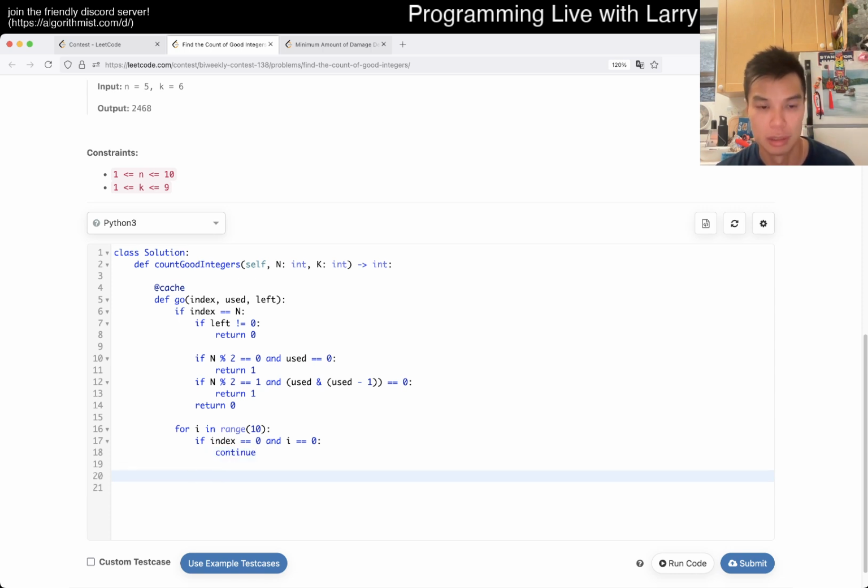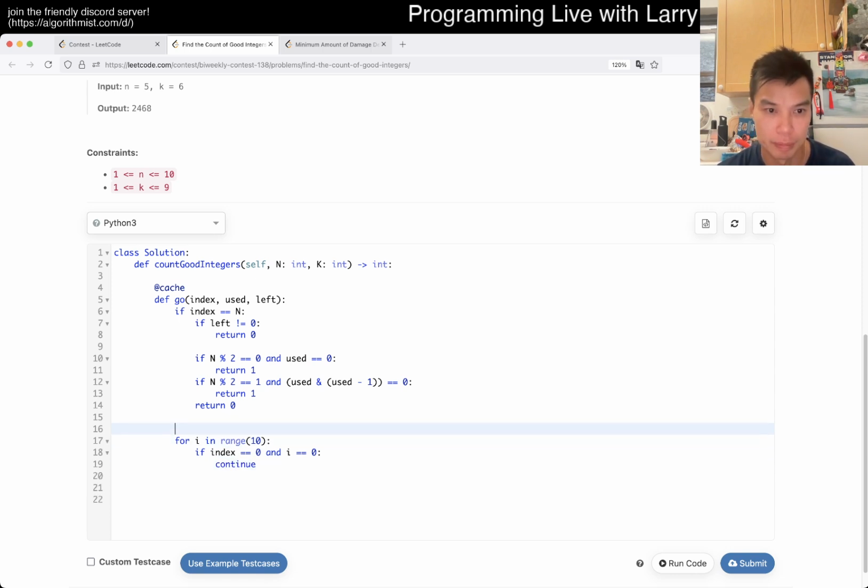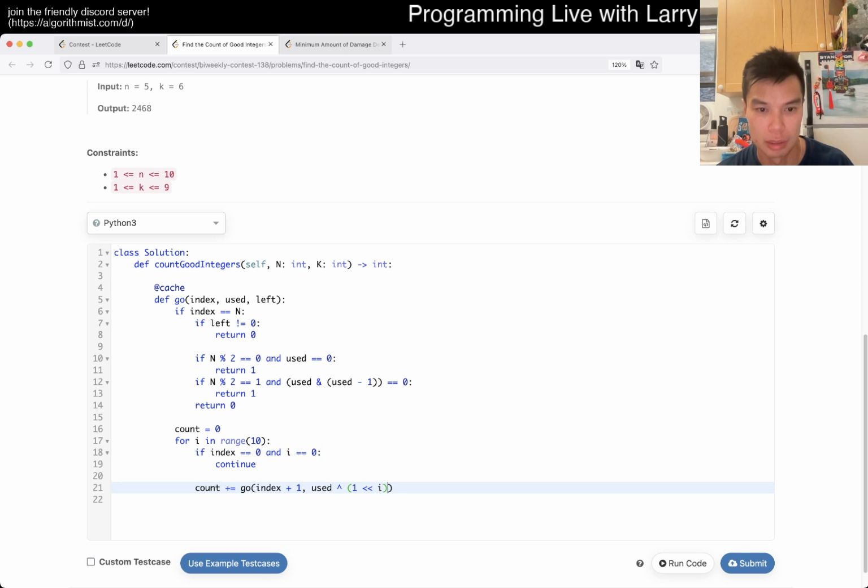Otherwise, we go index plus 1. Used flip 1 to i, and left is left times 10 plus i mod k, right? Something like this.